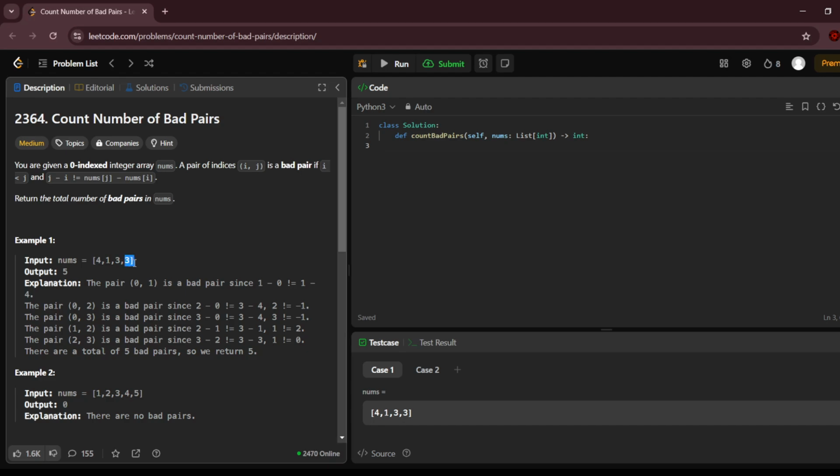So that formula is n times n minus 1 by 2. And so if you figure out that part, you're almost there.